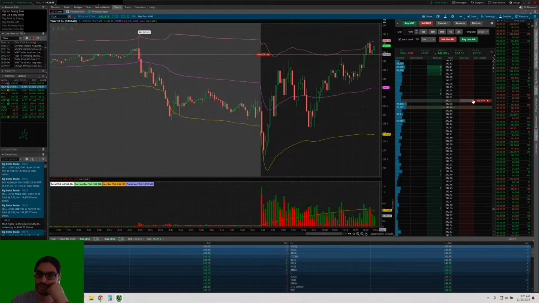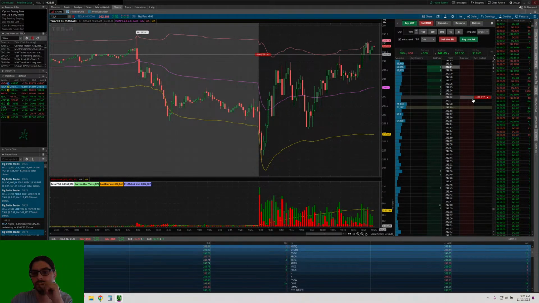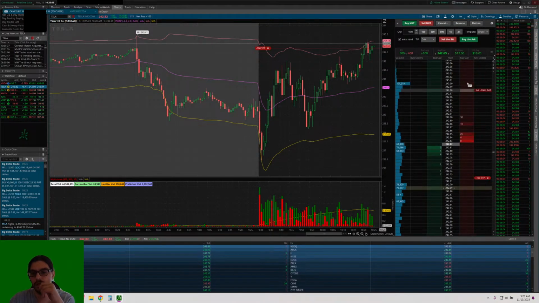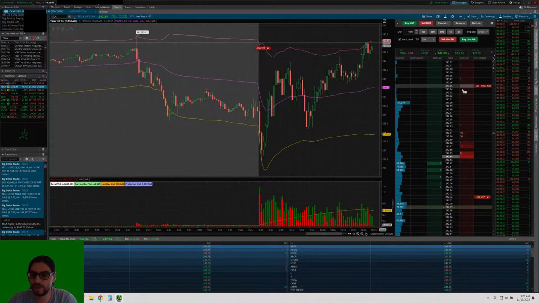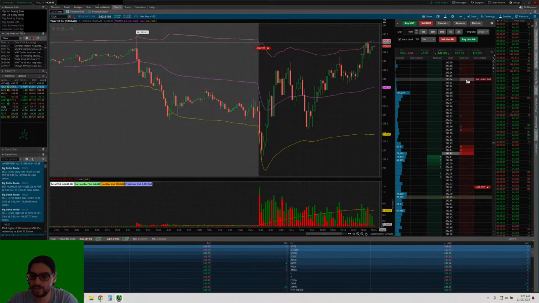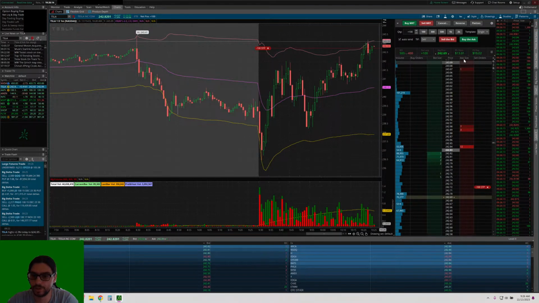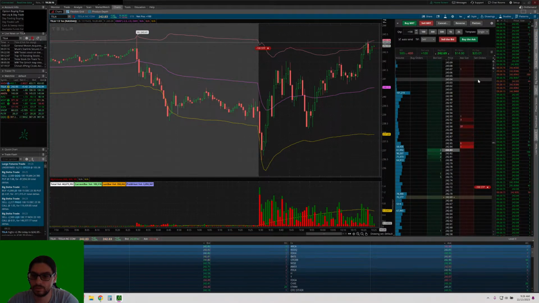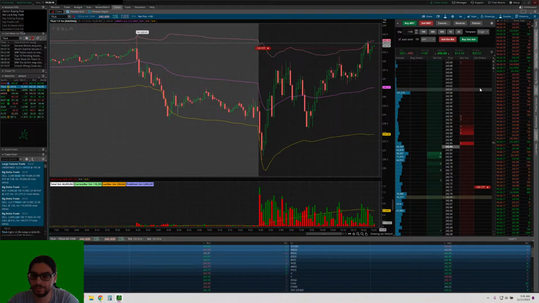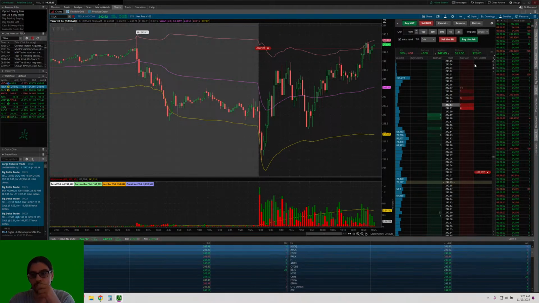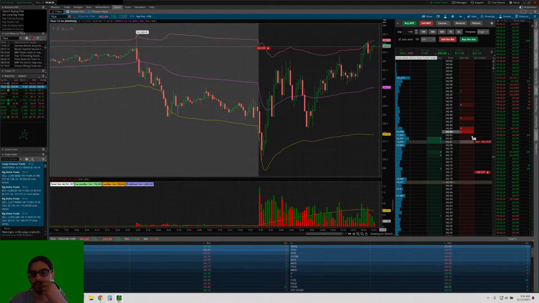All right, we got insurance room now. I feel like I'm starting to get nickel and dimed right here a little bit. But I'm looking for it to get back up towards VWAP, and then a break above. That's what I would like, and I think possible.